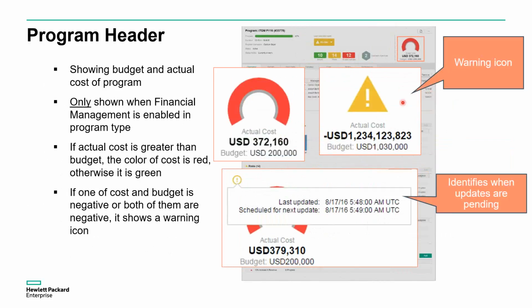And finally, over here, that's what this last bullet is covering. It's a warning icon, and it tells you that if one of the cost and or budget is negative, it's going to give you that warning sign. Just gives you some visual indicators.